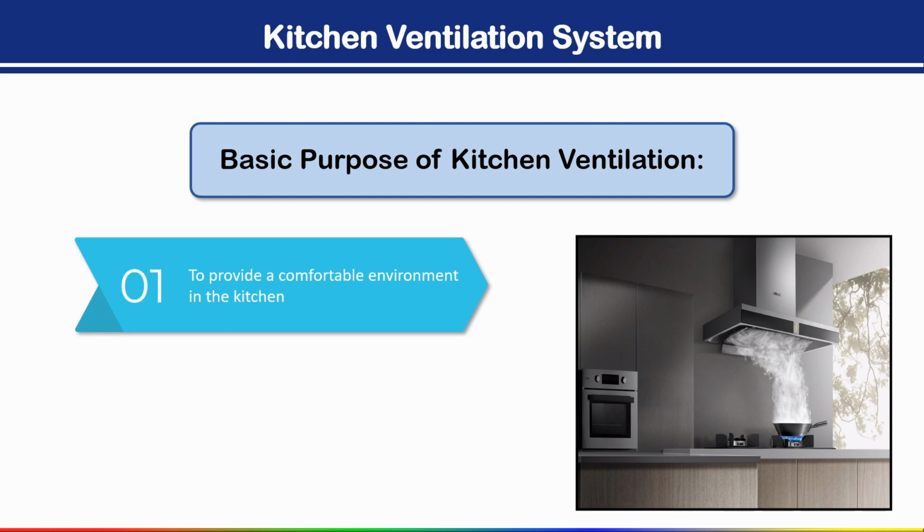Because we are giving ventilation for what purpose? For making the environment comfortable. And ventilation means what? Providing outside air inside and inside air outside to improve indoor air quality. So what happens when you improve the indoor air quality? The people who are working in the kitchen will feel comfortable.